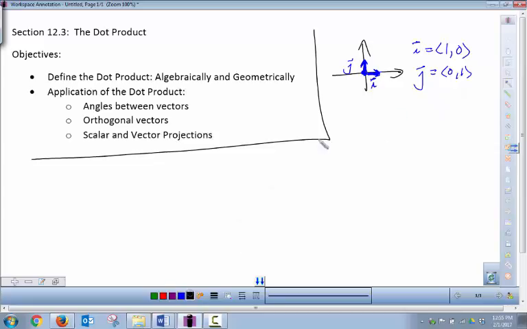And then if you're in 3D, then you have 3 of these vectors.